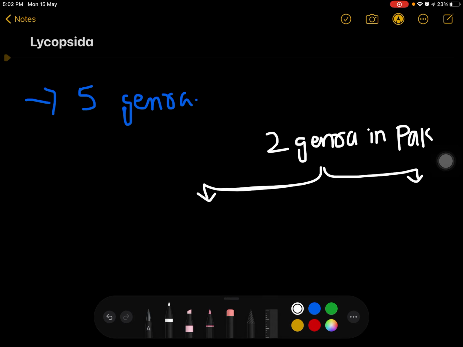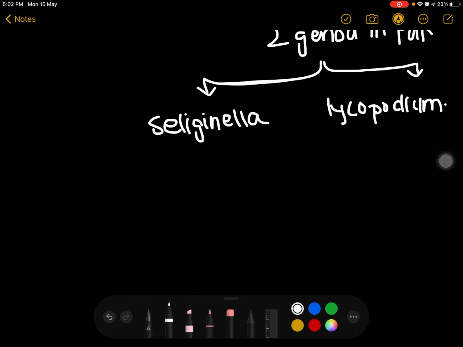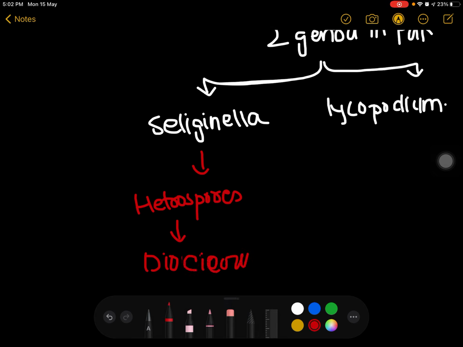Let's talk about them. The first is Selaginella, and the second one is Lycopodium. Selaginella produces heterospores, and the plant is dioecious.